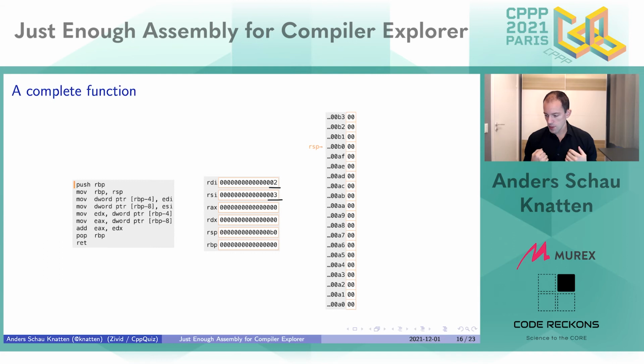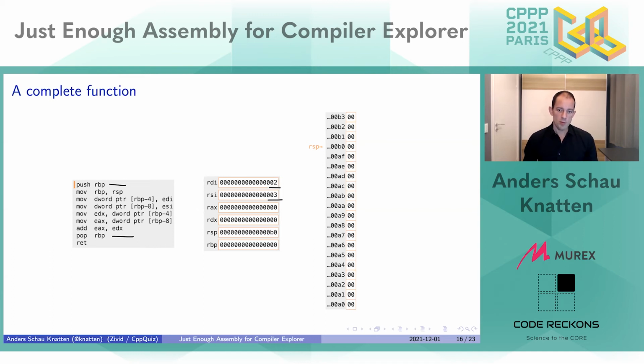So RBP is going to point to our part of the stack, and the calling convention specifies that if you change RBP, you have to restore it before you return, because whoever called us was probably using RBP for something. So if we write to RBP, we better restore it at the end. You can see we're pushing it here, and the last thing we do before returning is to pop it again. So whoever was using RBP gets their value back before control returns to them.